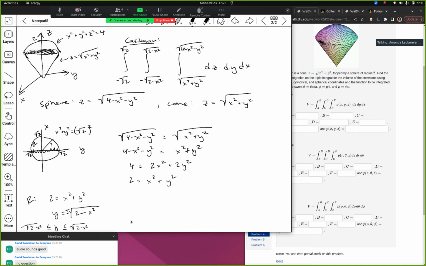But supposing you didn't see that, you could also say I have two bounds, I'm going to set them equal and see what happens. So you would get minus root 2 minus x squared is equal to positive root 2 minus x squared. A negative is only equal to a positive if both those things are equal to 0.